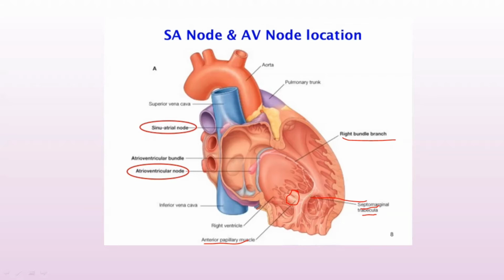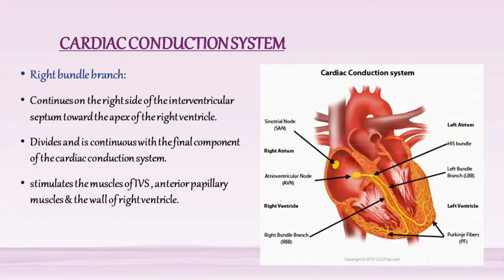Now look at the picture, where this is a single right bundle branch, but when it reaches the anterior papillary muscle by passing through the septomarginal trabeculae, it divides into branches which become continuous with the Purkinje fibers. Clear? So it continues on the right side of the interventricular septum toward the apex of the right ventricle.